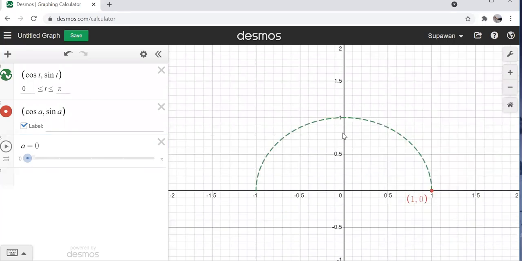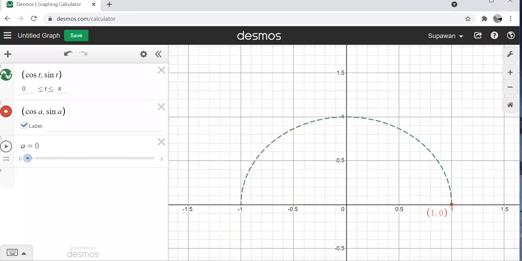Now we have the semicircle. When you hit the play button to see the animation, it starts from the coordinate (1, 0), on the right end, and the trajectory is in the counterclockwise orientation as t increases.